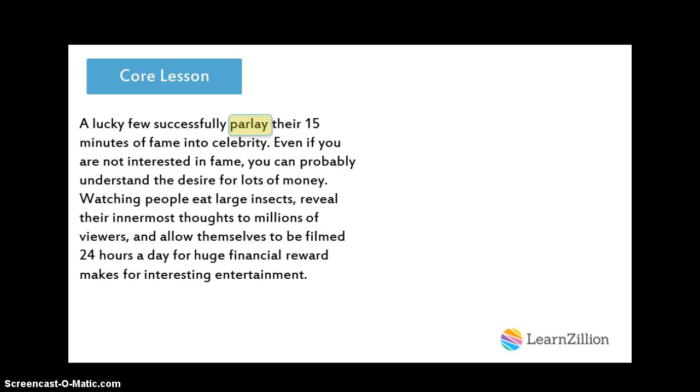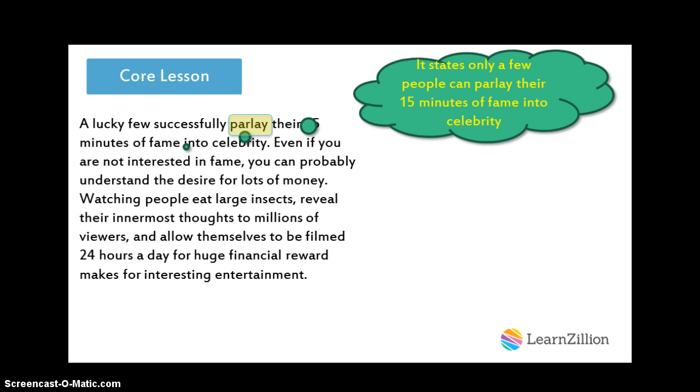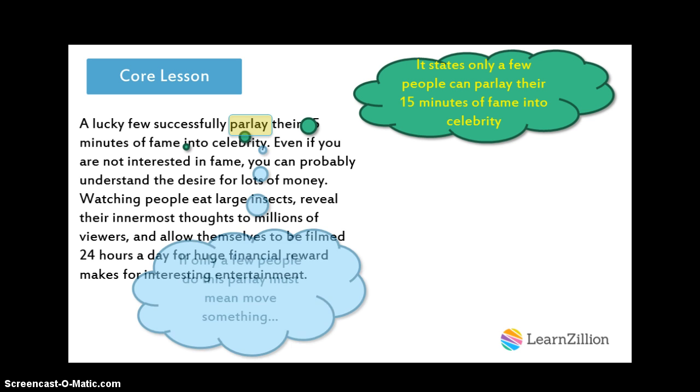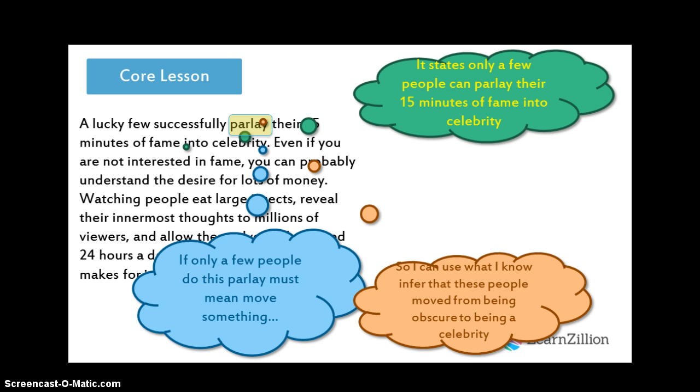I want to know what parlay means. Well, it states only a few people can parlay their 15 minutes of fame into celebrity. And if only a few people can do this, parlay must mean to move something. So I can use what I know and infer that these people moved from being obscure to being a celebrity.